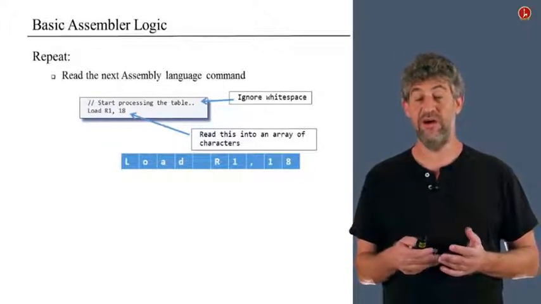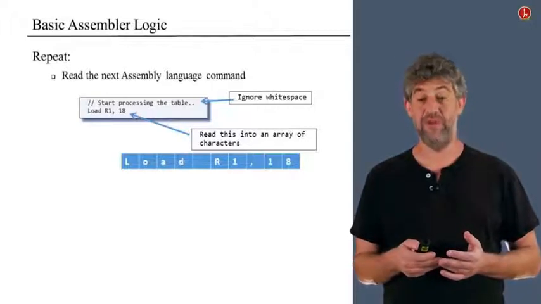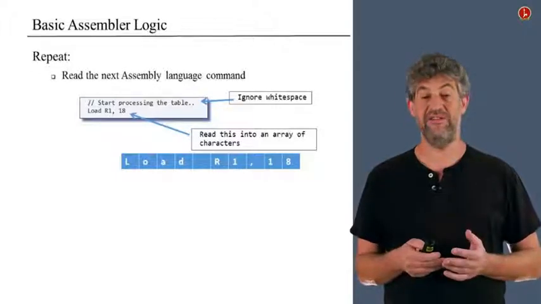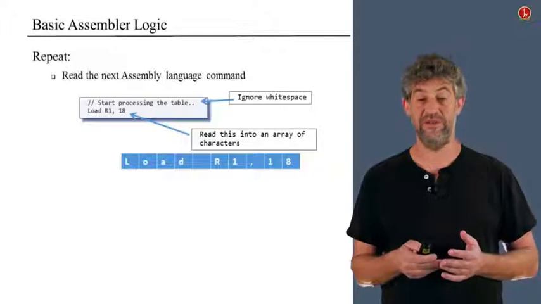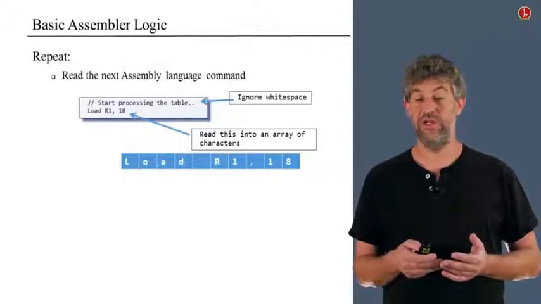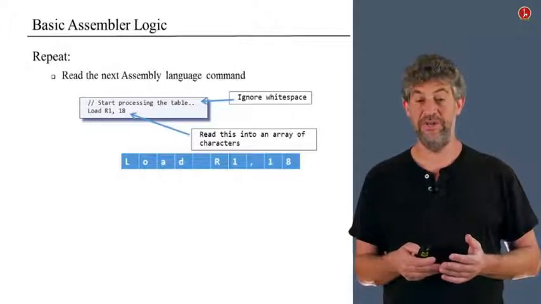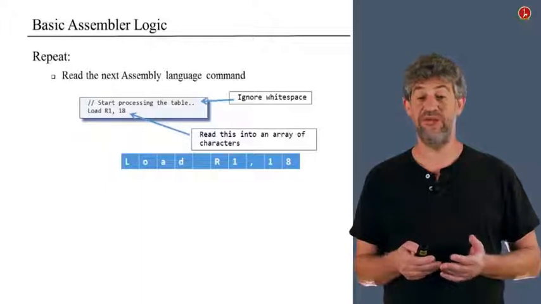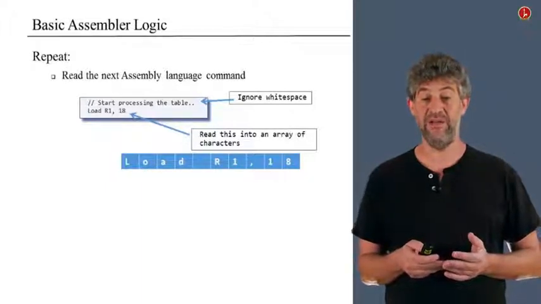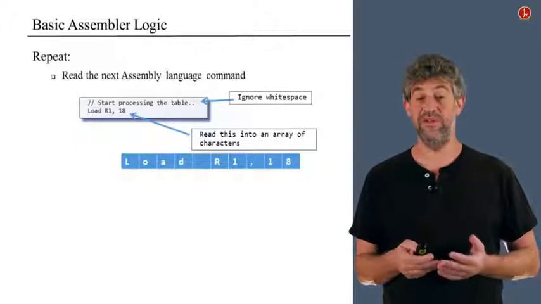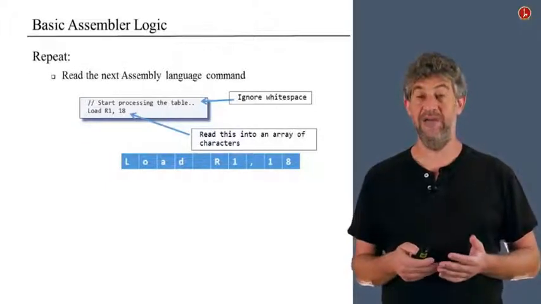So let's assume that our hypothetical assembly language has this type of command, load R1 18, which we expect would probably mean taking the value 18 and putting it into the first register. But this is not something that we need to know when we're actually doing this translation. We want to read that command and put it into some kind of string variable, some kind of array of characters that we can later work on. That is basically what's involved in reading line by line from the input.